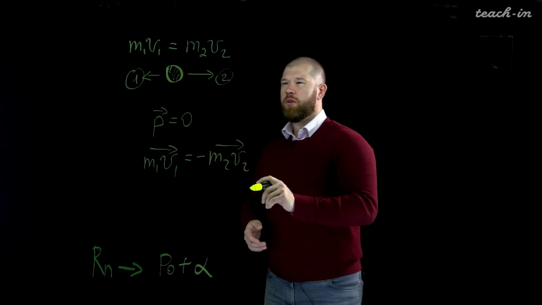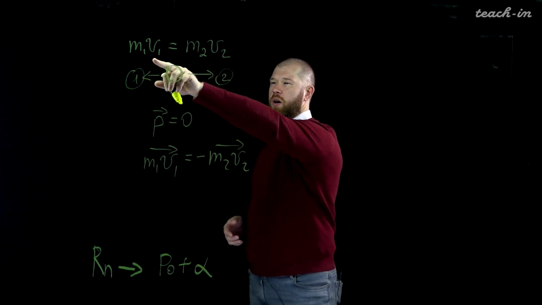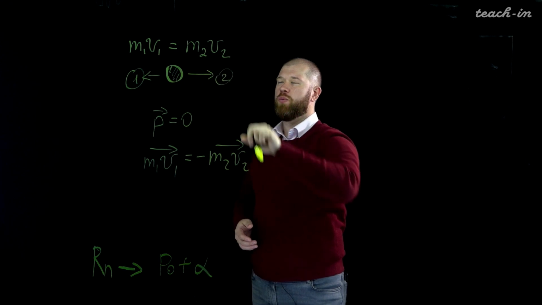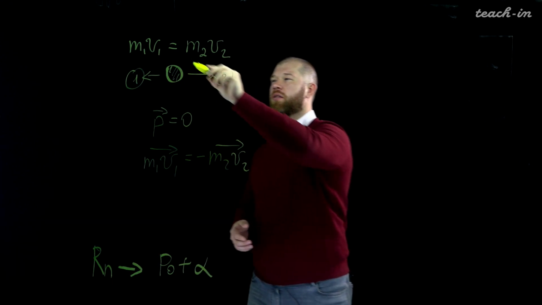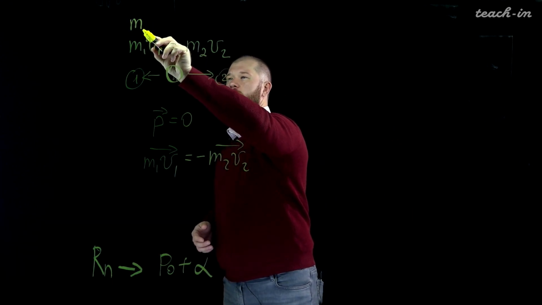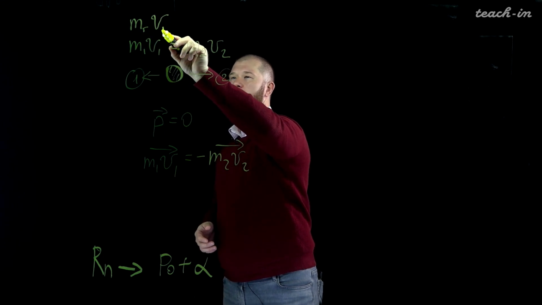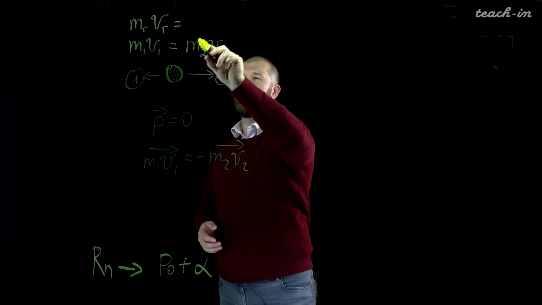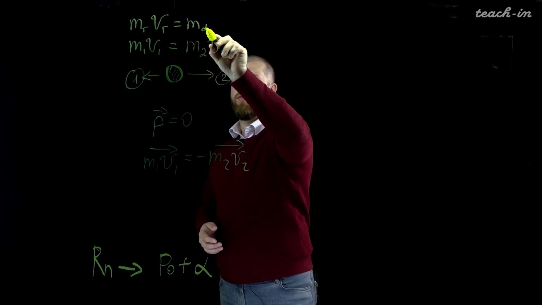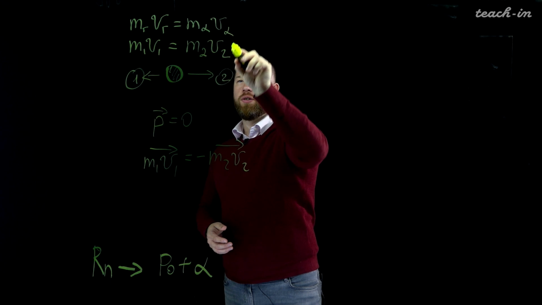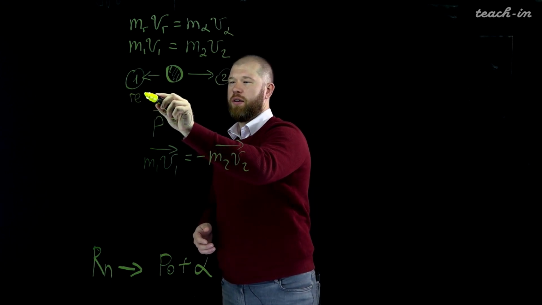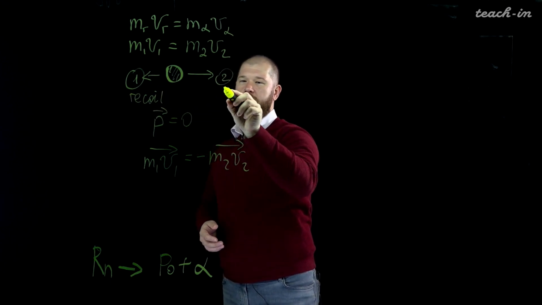Also, for M1 V1 and M2 V2, we can simply write that it is the mass of the recoil nucleus and the velocity of the recoil nucleus, and the mass of the alpha particle and the velocity of the alpha particle.